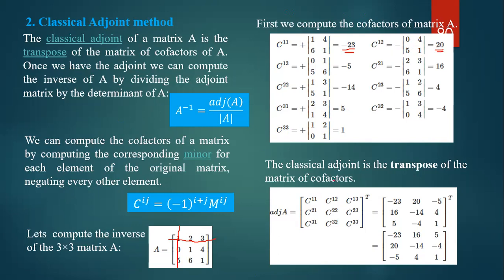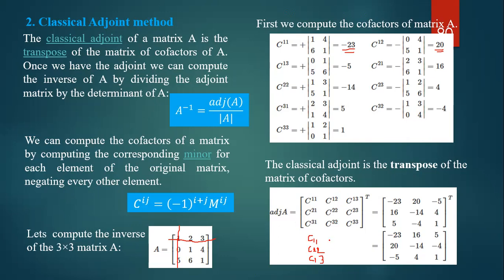Then the C transpose: the C values C11, 1, 2, 1, 3, 2, 1, 2. The transpose of this gives us a matrix with C11, then not C21 but 1, 2 here, rather 2, 1, 1, 3.